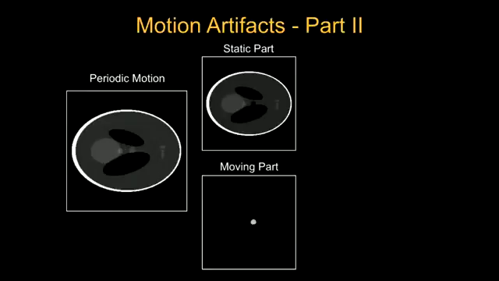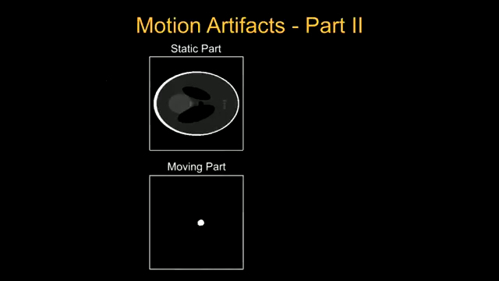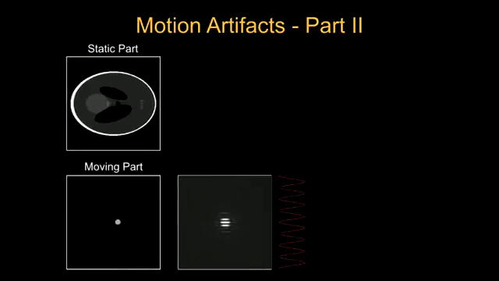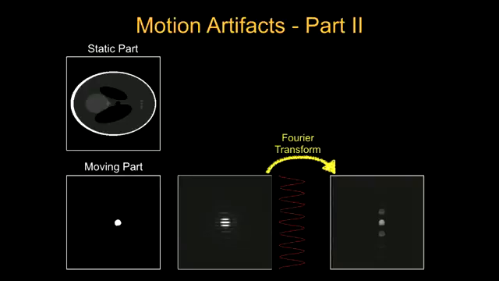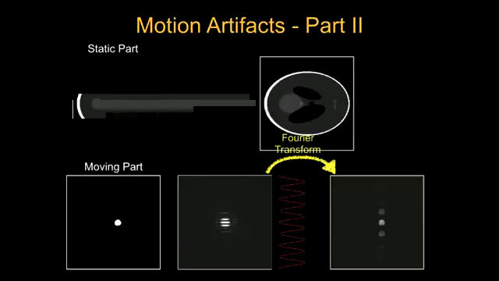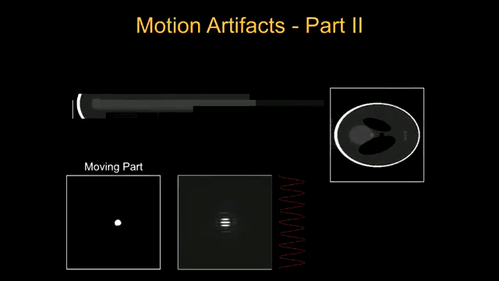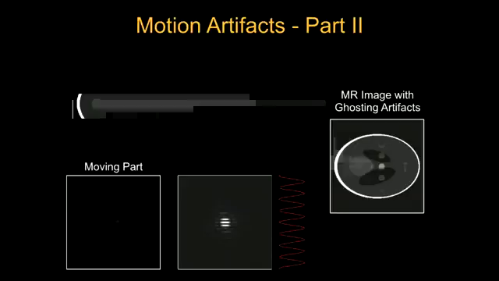This is basically, you can separate the static portion and the moving portion out. The static portion is the same thing, but the moving portion has this sinc weighting in k-space, right? And then when you apply the Fourier transform, that's exactly what you're going to see. And the static portion is the same thing, so you can just sum it together. Then you have an MR image with what's called ghosting artifacts.